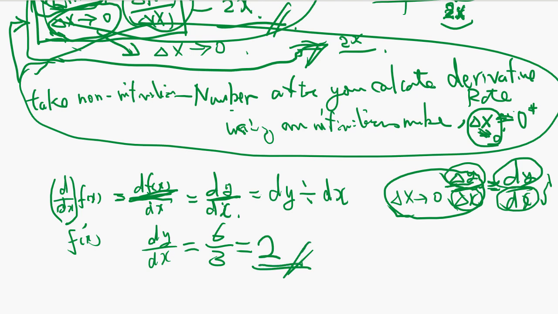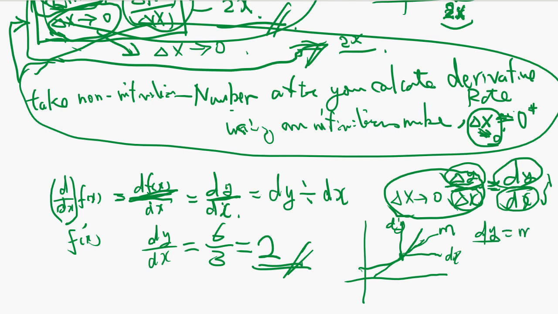Then graphically, suppose you have a slope, and here you start a new coordinate, which is delta x, delta y, and this slope is m, so dy equals m dx.